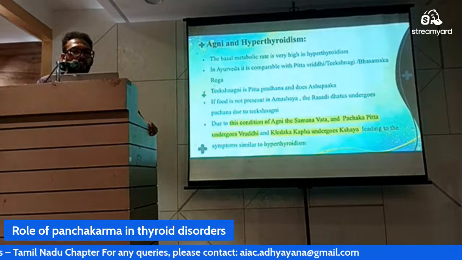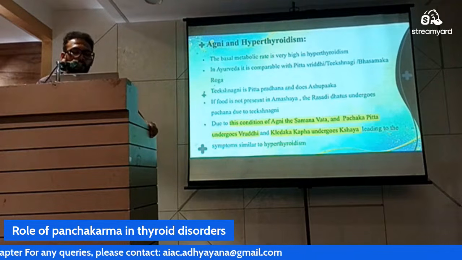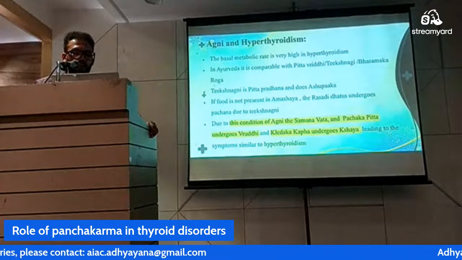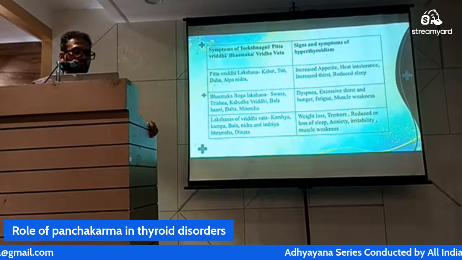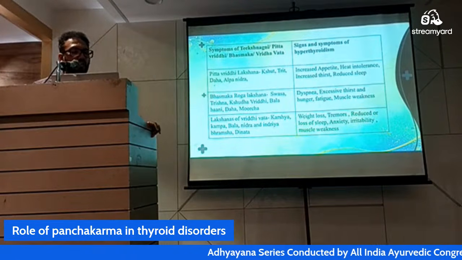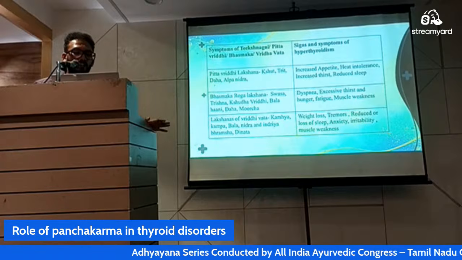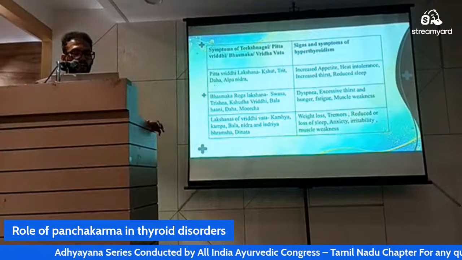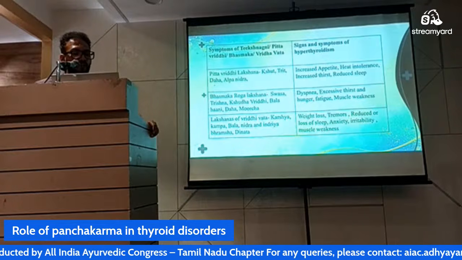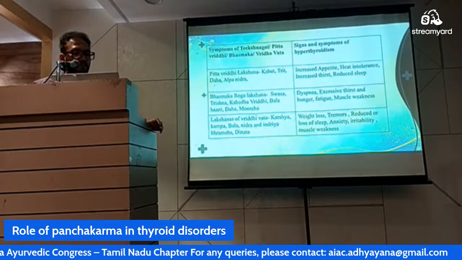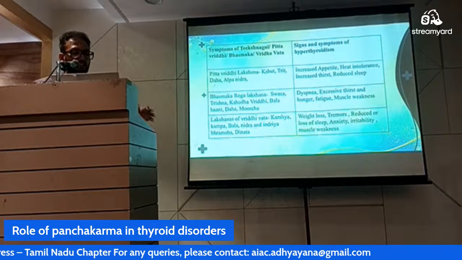Pitta and Vata Vriddhi occurs along with Kleda Kapha Kshaya, which is similar to the symptoms seen in hyperthyroidism. I'm just trying to correlate Pitta Vriddhi lakshanas like Kshut Atimatra, Daha, Alpanidrata, which are seen as increased appetite, heat intolerance, increased thirst, reduced weight. Bhasmaka Roga is explained also as Ashu Krishna Shushka with Balahani, Daha, Murcha, which are seen in hyperthyroidism.